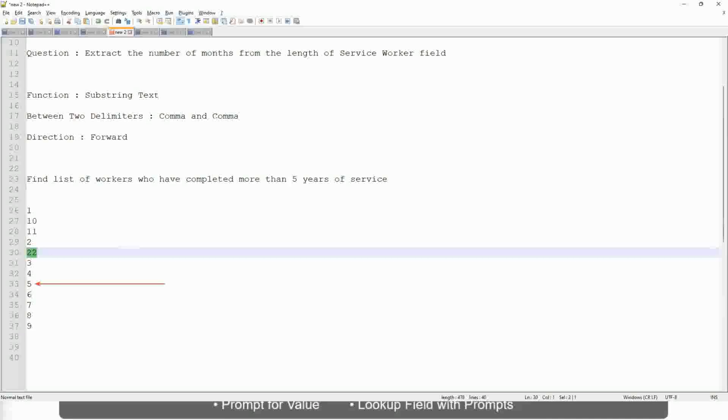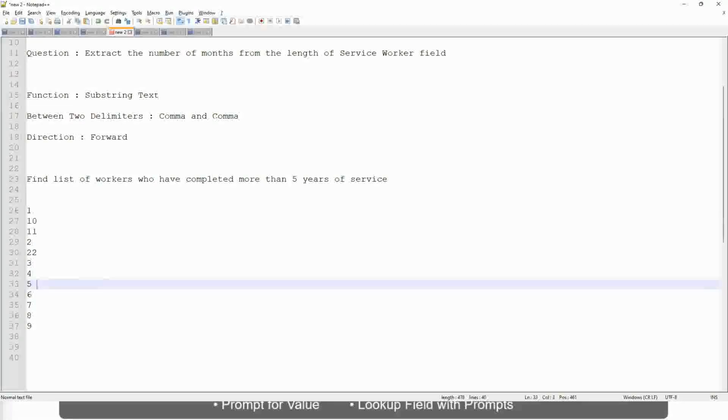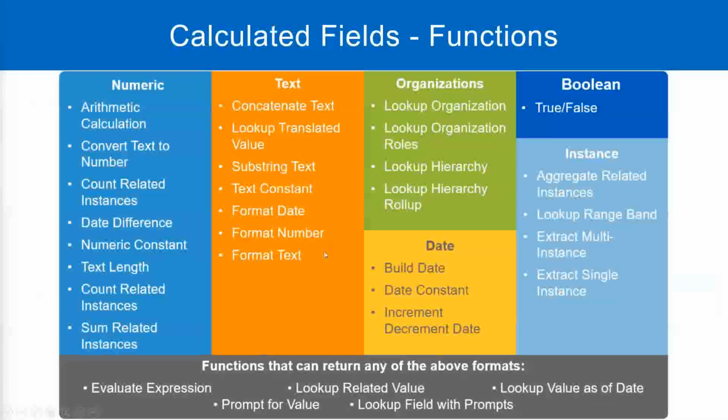So is there something we can do to fix this? Absolutely. We have to convert the text to a number. Okay. We have the value. We have extracted it correctly.